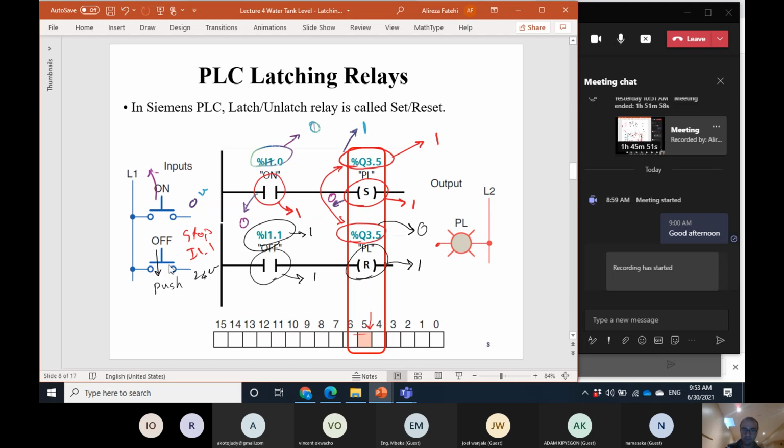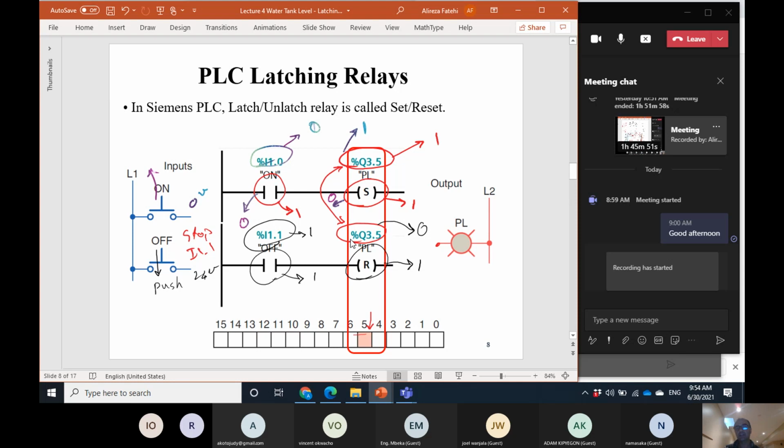Again, if we release that, this becomes 0 volt, but this remains 0. So this is how the set reset, or latch and unlatch, assignment coil in the PLC works.